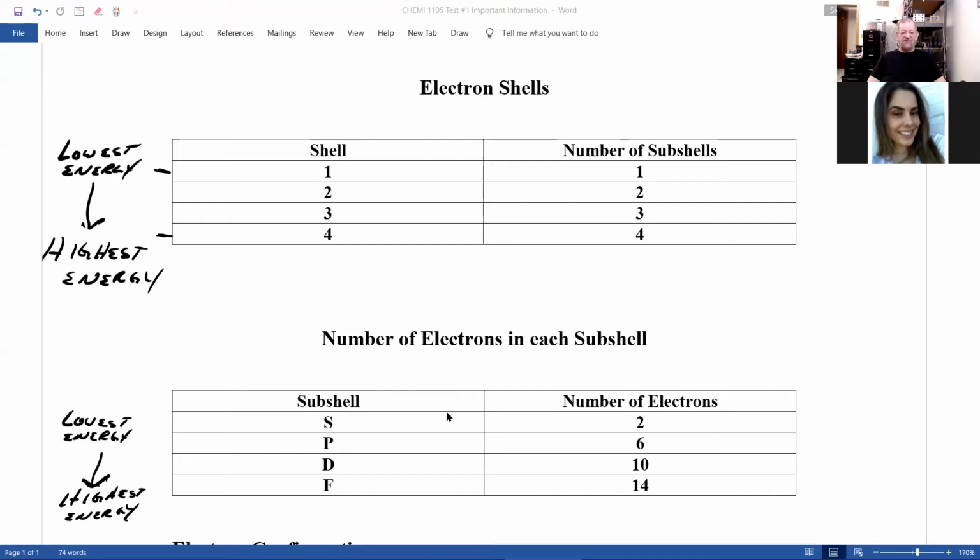Remember, you have 11 electrons to fill in the shell and subshells. And the votes are coming in.